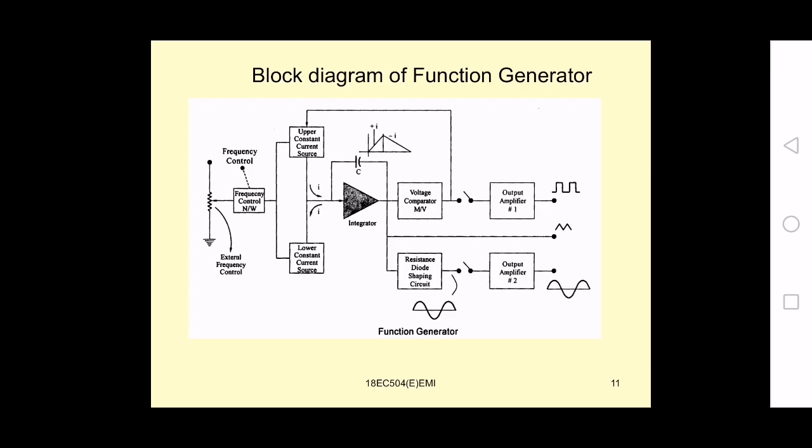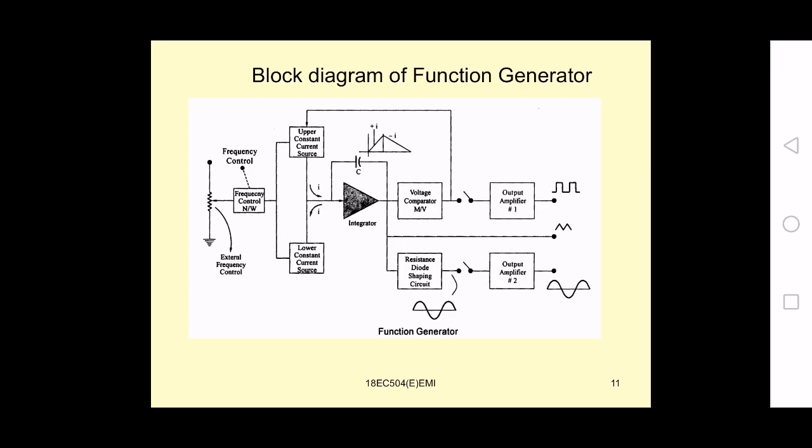So by the equation of minus 1 by C integral of I dt, you are getting an increase or decrease in the slope of the output at the integrator. This will drive the voltage comparator multivibrator. So this voltage comparator multivibrator changes its state at the positive slope of the integrator's output voltage.